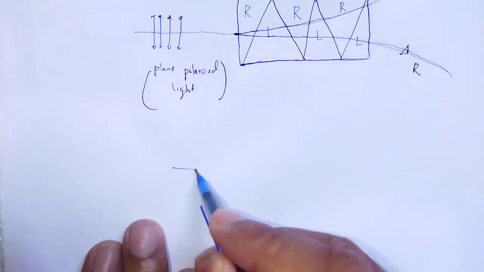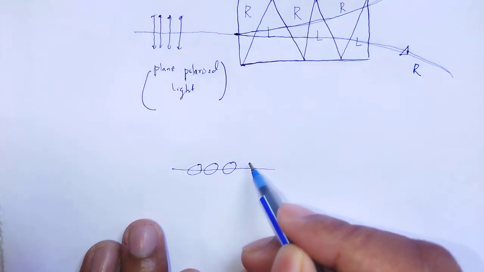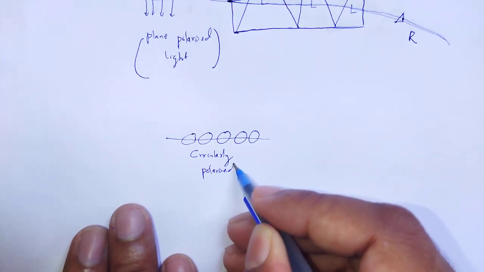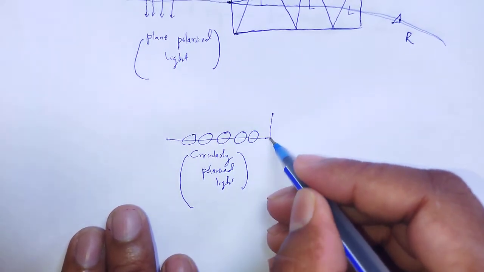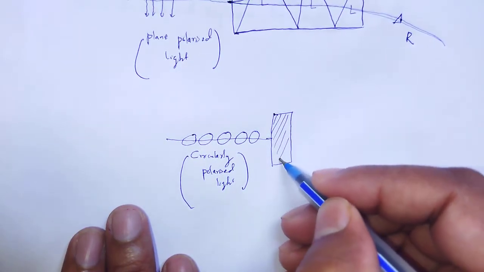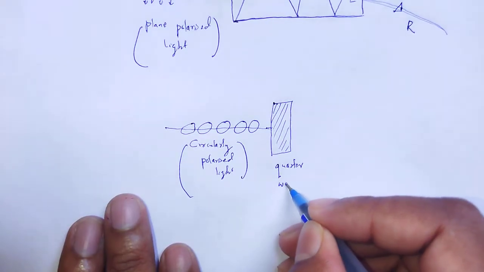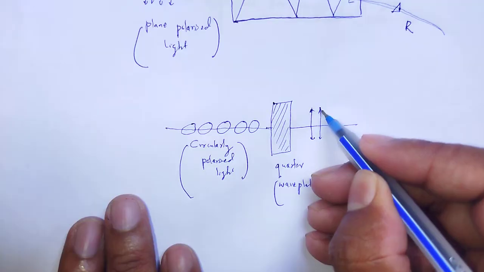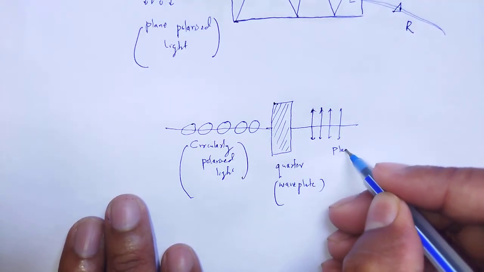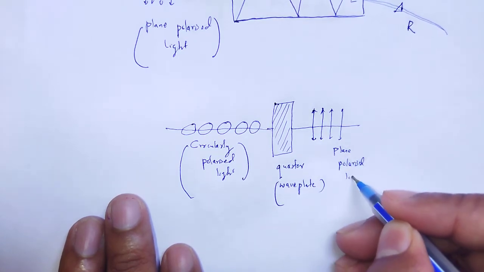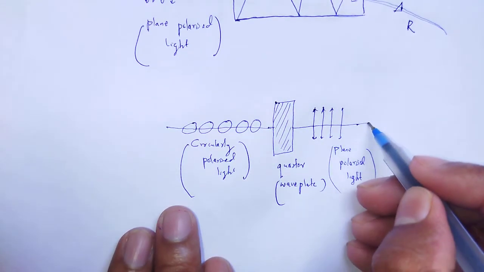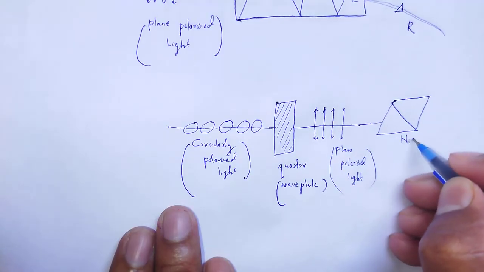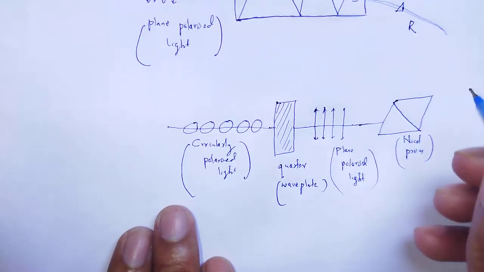Think that when circularly polarized light passes through a quarter wave plate, then at the output we obtain plane polarized light, and that plane polarized light can be analyzed by using a nicol prism as an analyzer.